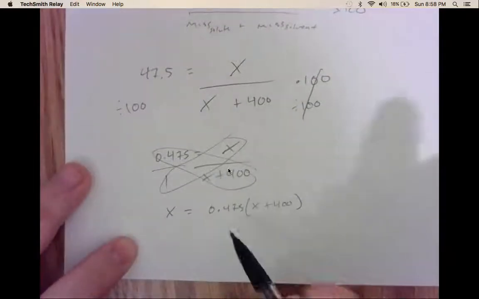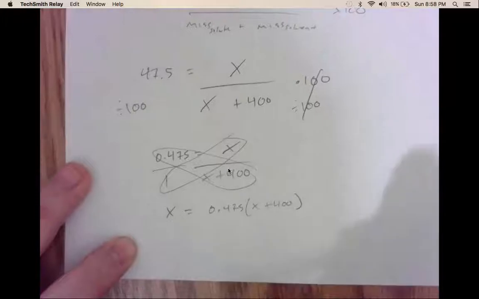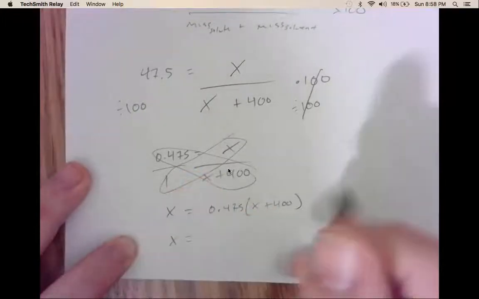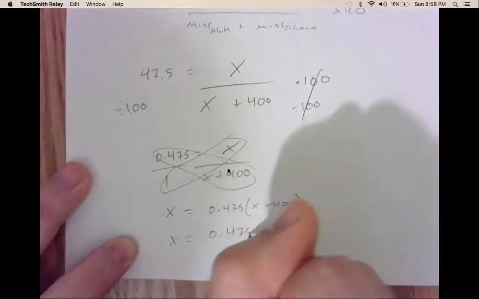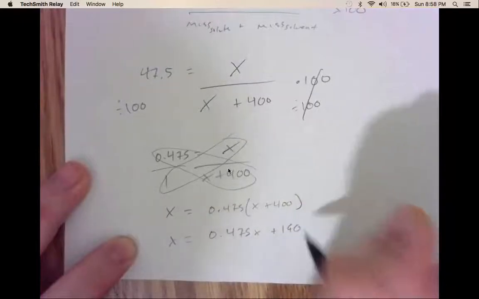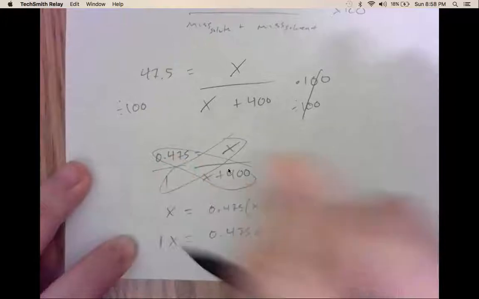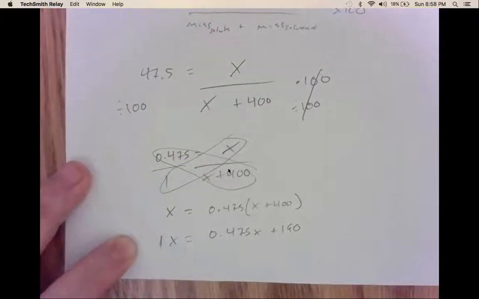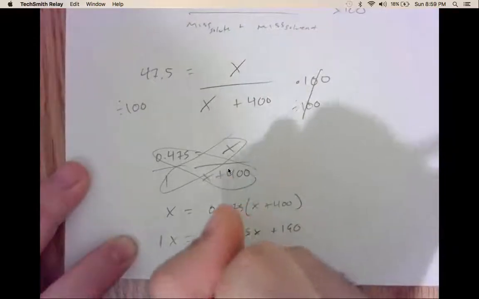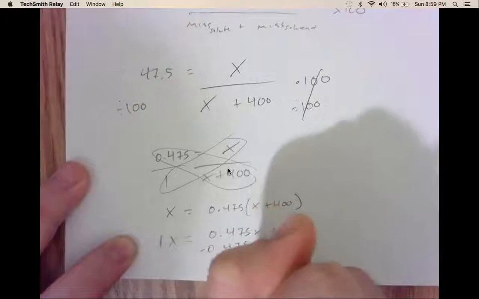Now we have to distribute. The 0.475 will be times X and by 400. So once we do that, we get X equals 0.475X plus 190. Next, remember guys, that there really is a 1 in front of this X. So to solve for X, we have to get X's on both sides. So we subtract both sides by 0.475X.